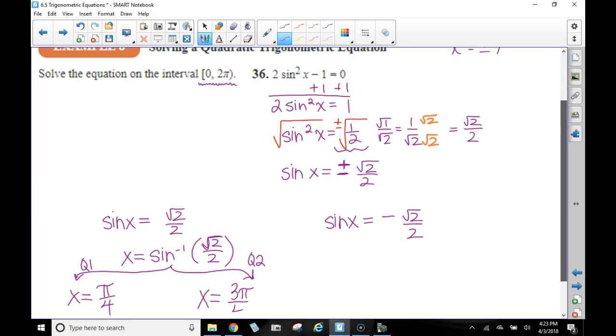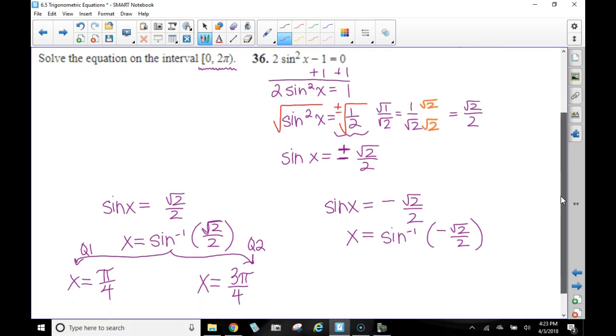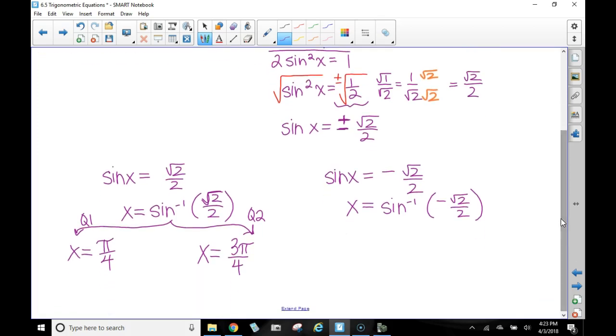Now here on this one again, we're going to solve for x by taking the inverse sine of both sides of our equation. So our answers here for this next equation are going to be all the angles that have a sine value of negative square root of 2 over 2.